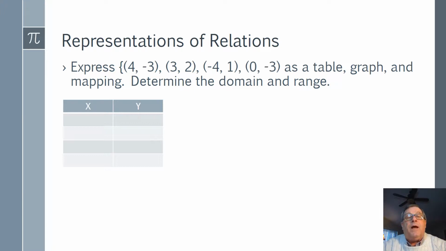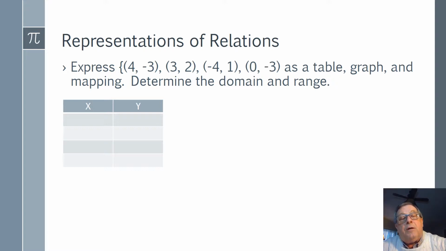So let's see, we've got ordered pairs of 4 comma negative 3, 3 comma 2, negative 4 comma 1, 0 comma negative 3. First let's represent these in a table. We could put these in order, lowest value to highest value, but let's just make this simple in this one.